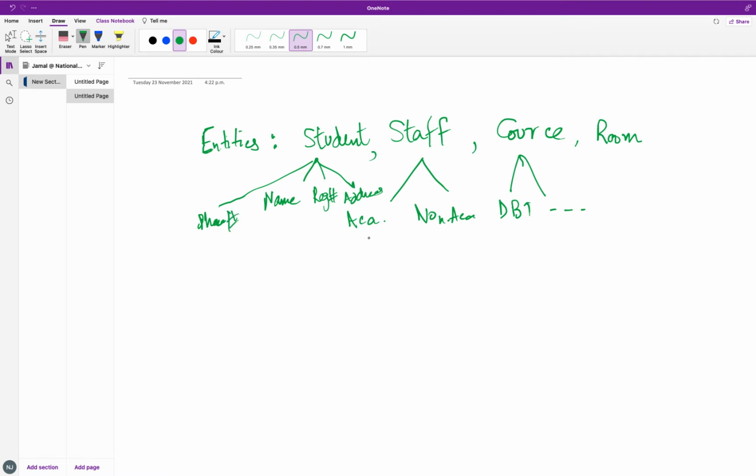Similarly for staff, almost the same information like name, employee ID, right, and phone number, designation.